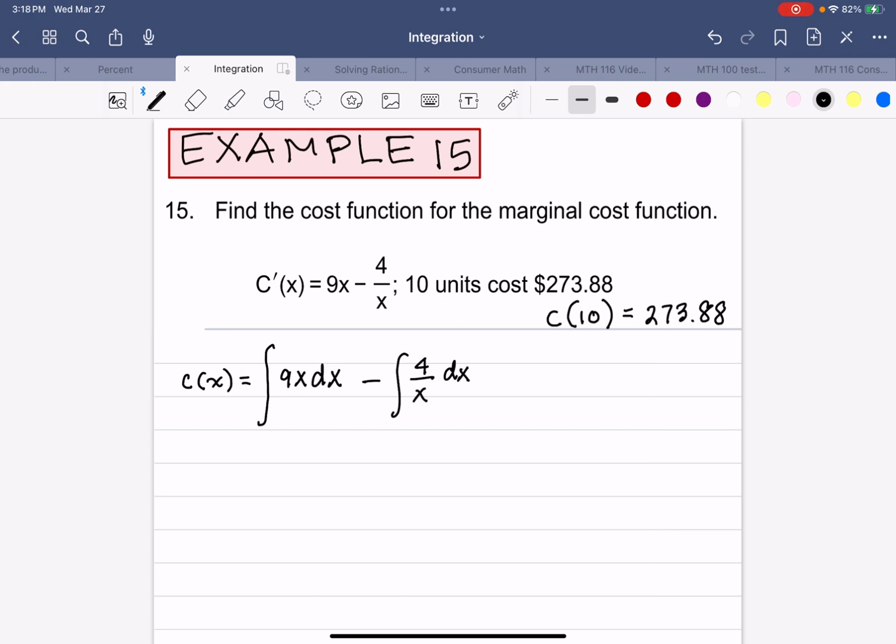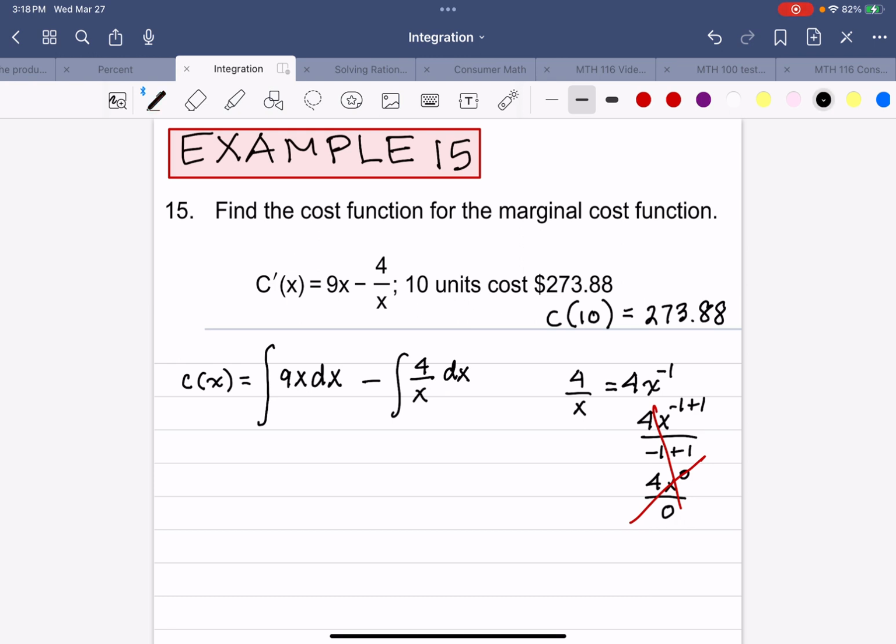Now, before we start, let's look at this 4 over x. Normally, when we have a base in a denominator, we write that with a negative exponent. But because this exponent is -1, the power rule doesn't work. Remember, if you add 1 to the power and you divide by the power, you get 4x to the 0, and we divide by 0. That is not how we do it when we have an x in the denominator.